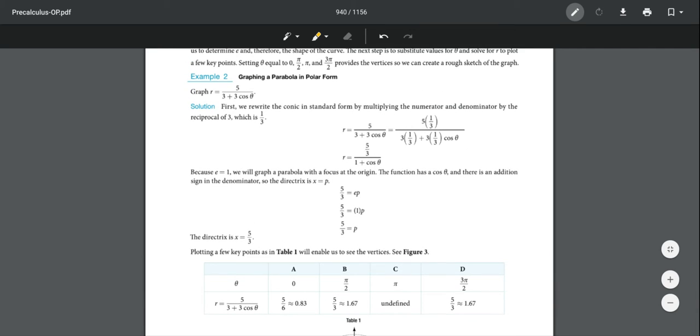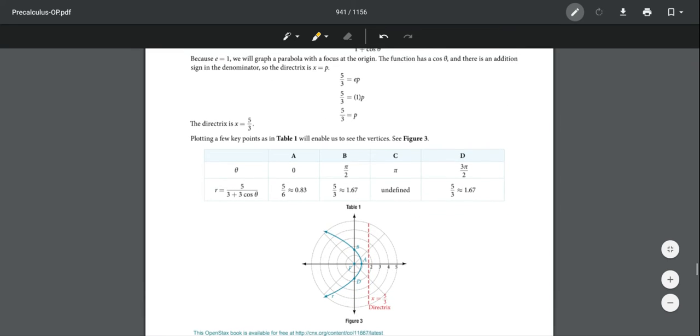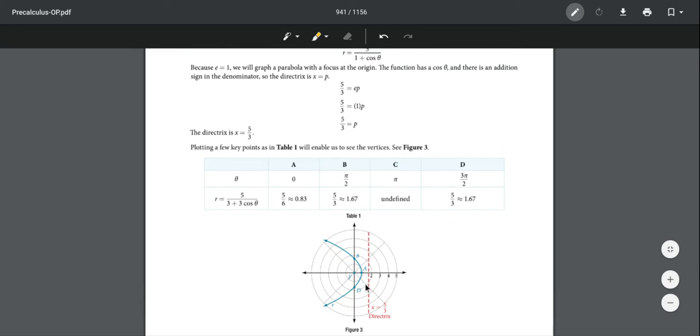A way to think about how this is going to open is that the directrix here is at 5/3. So it's positive, which means it's to the right of the origin, which means that our parabola has to open up to the left. And we knew it was positive because of this positive here.